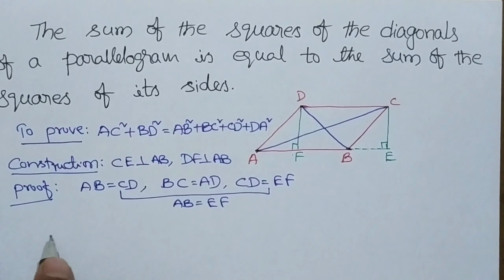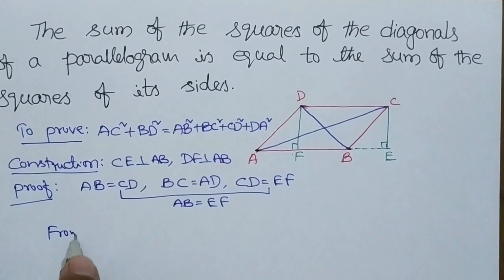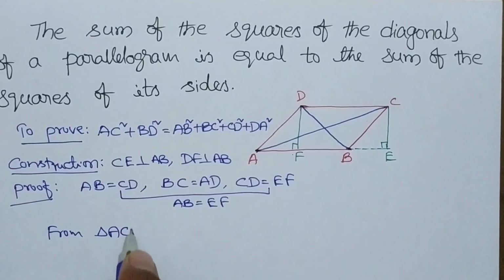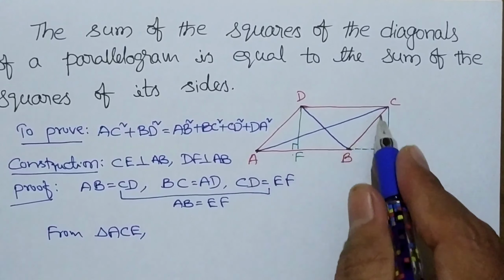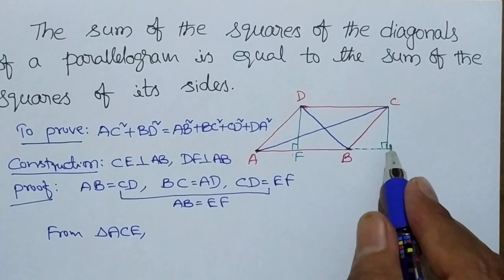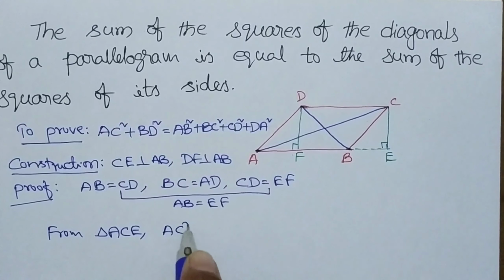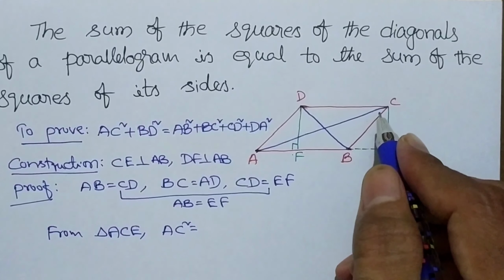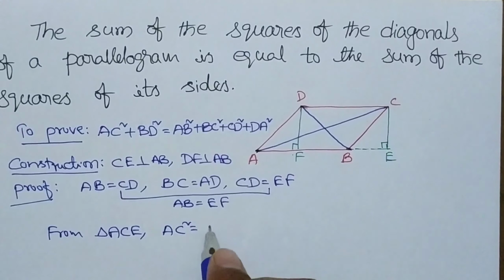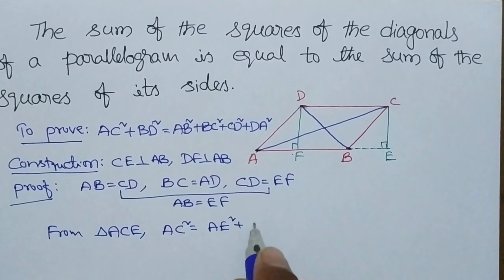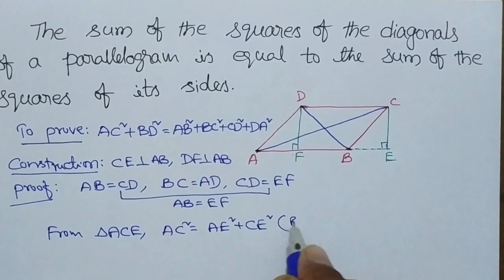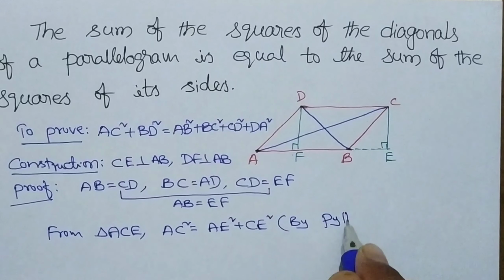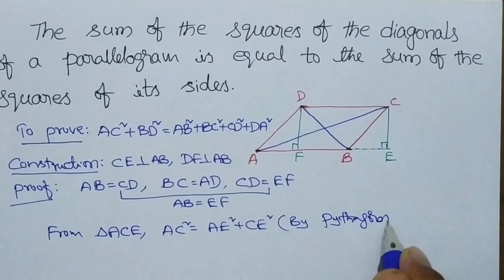Now let us start from triangle ACE. Consider triangle ACE. This is a right angle triangle. So let us apply Pythagoras theorem. AC square is equal to AE square plus CE square. This is by Pythagoras theorem. Right.